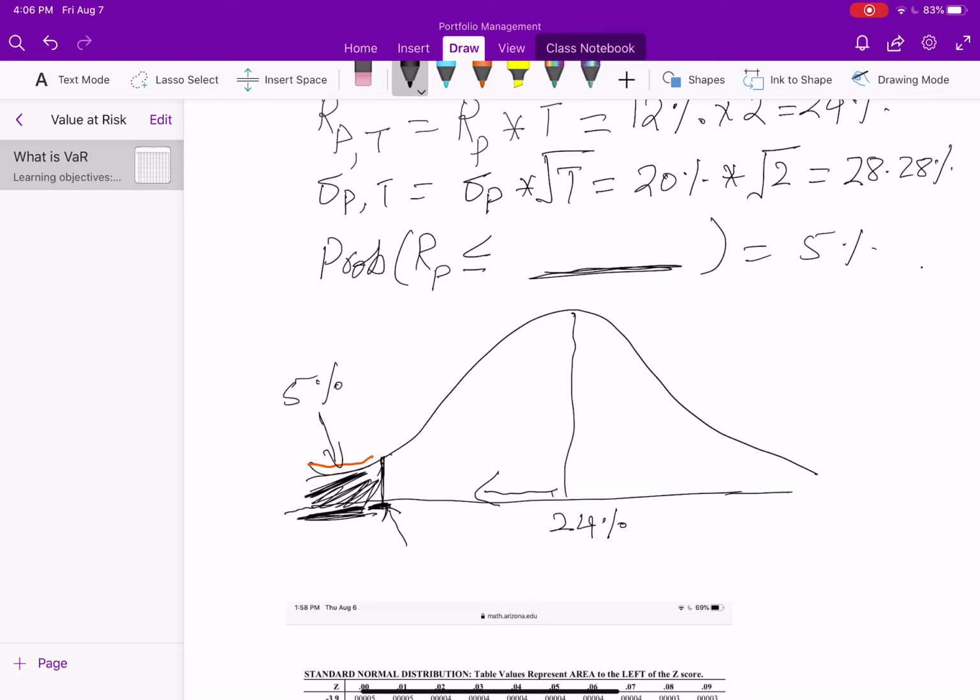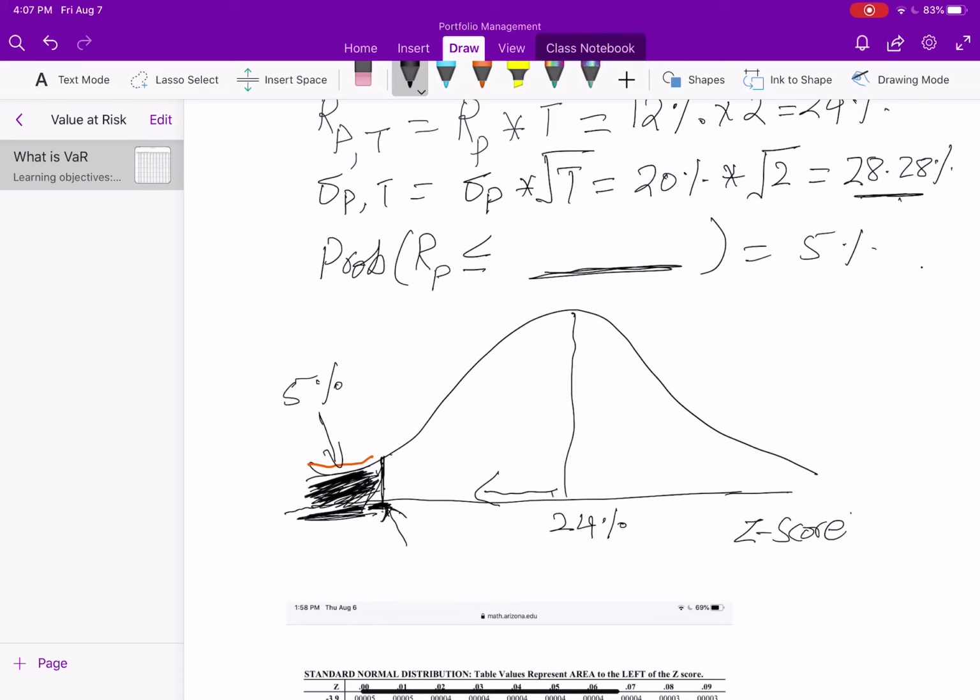In order to solve this, we first need to find the z-score. The z-score is not the standard deviation itself; it gives us the exact magnitude by which we have to multiply the standard deviation to reach the level from which onward the area under the curve, or the probability, is exactly 5%.